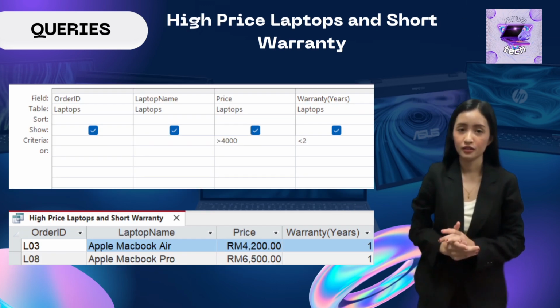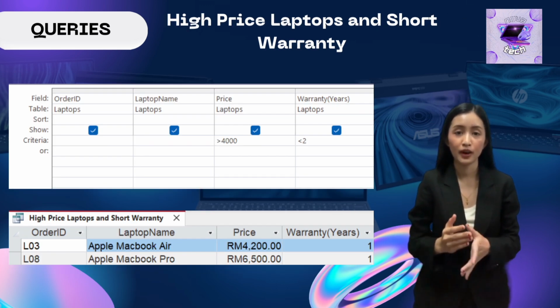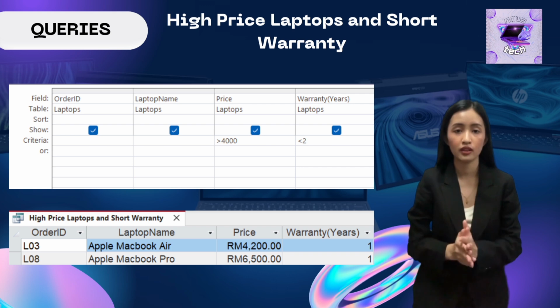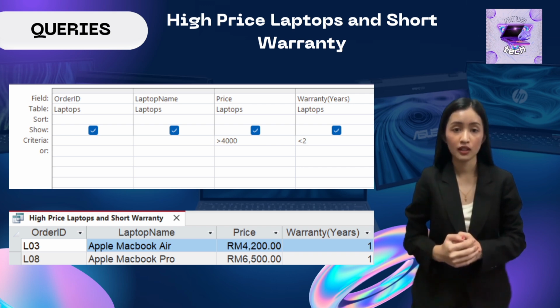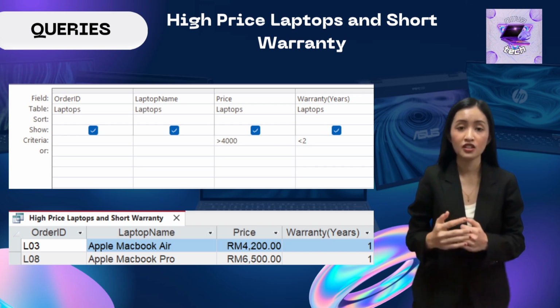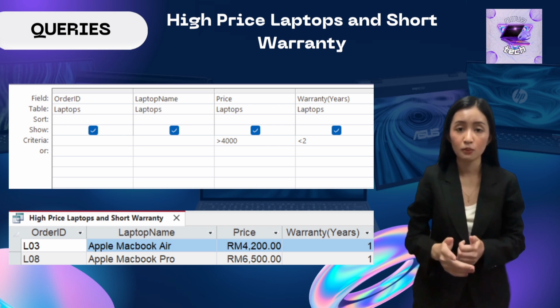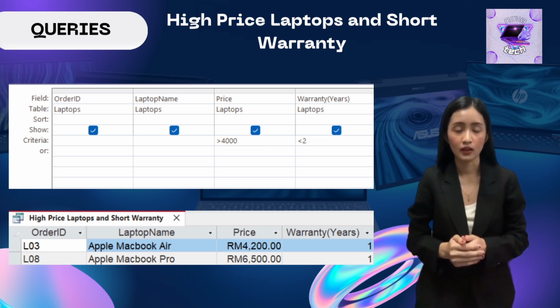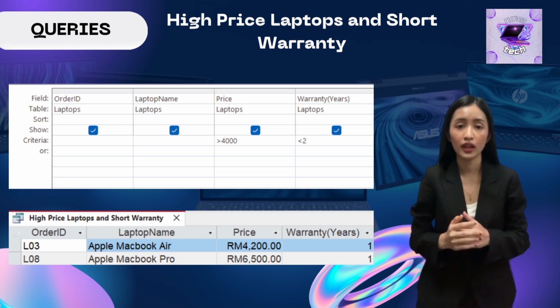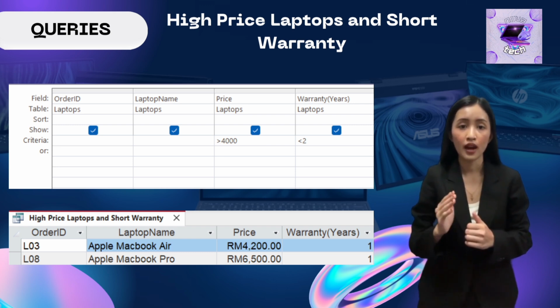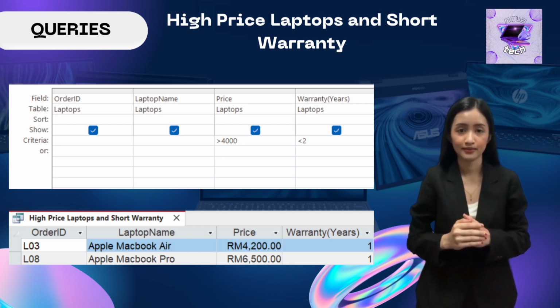Last but not least, queries for high-price laptops and short warranty. This query contains laptop information such as order ID, laptop name, price, and warranty. This query aims to make it easier for users to identify laptops with high price and short warranty.